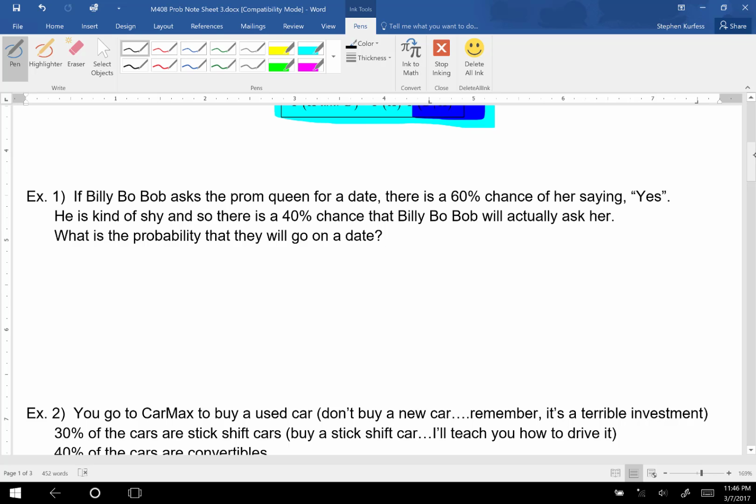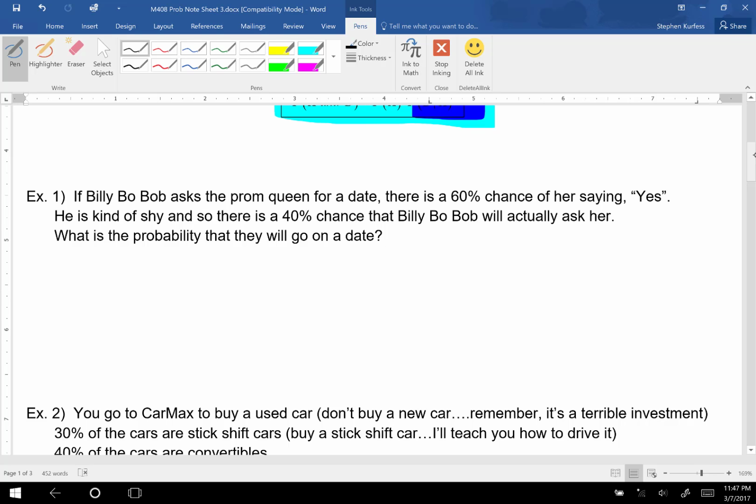He's kind of shy, so there's actually a 40% chance that Billy Bo Bob will actually ask her. But if he did ask her, it's a 60% chance that she'll say yes. What is the probability that they will go on a date?